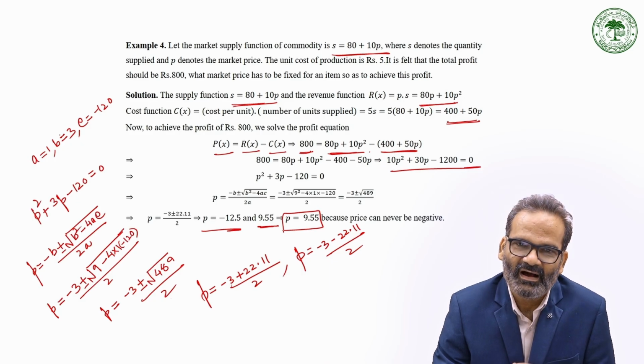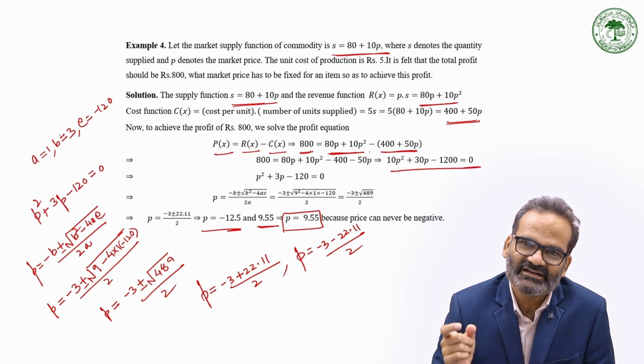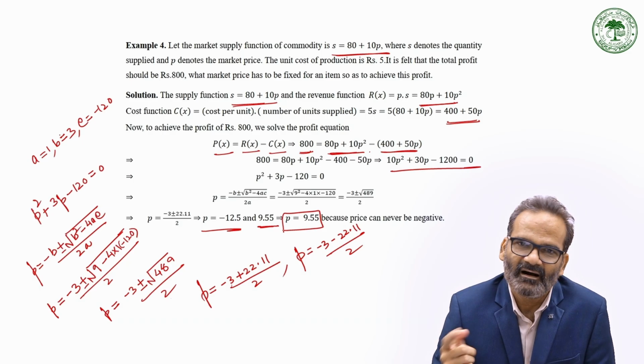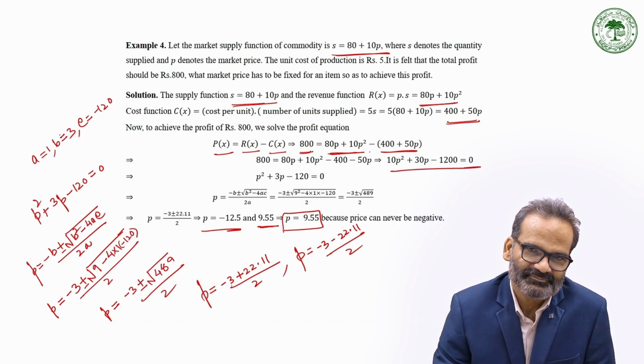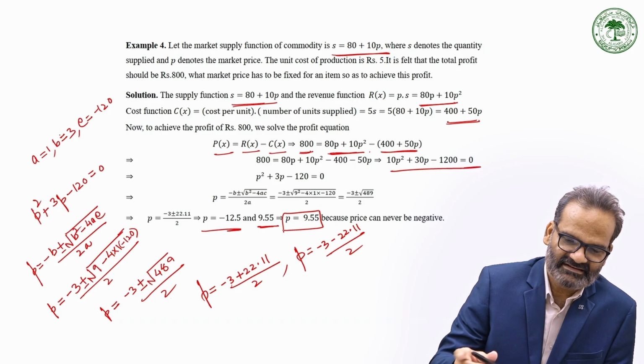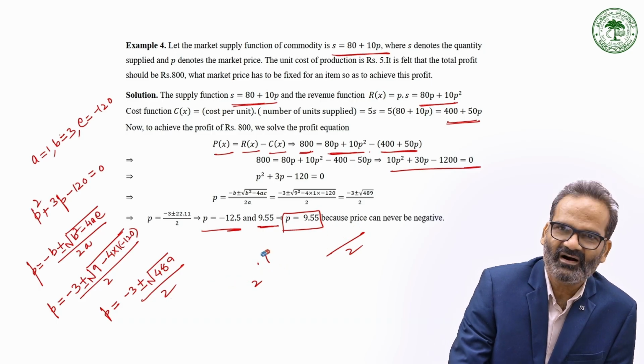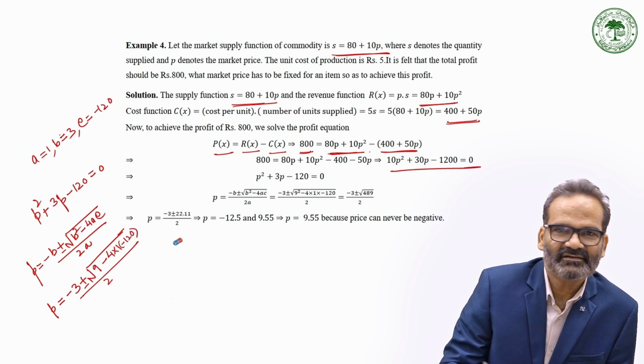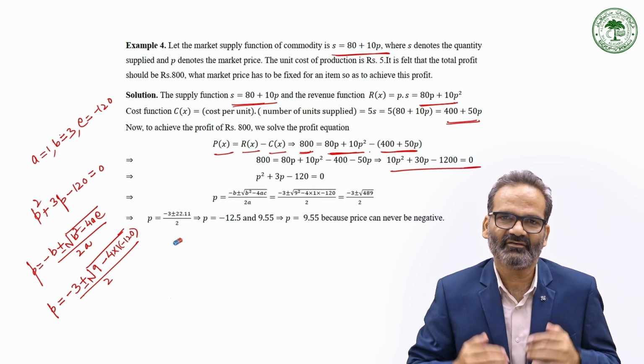And you must remember, these stationary points will give you either a point of maxima or a point of minimum, right? Because if you are getting the stationary points for any function, these stationary points will give you the point of maxima as well as point of minima.